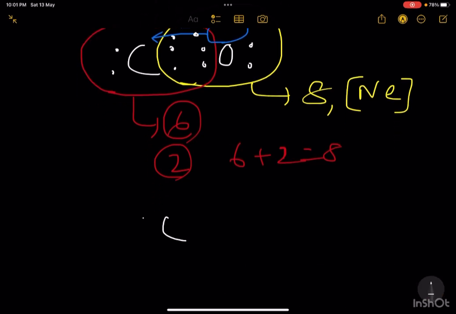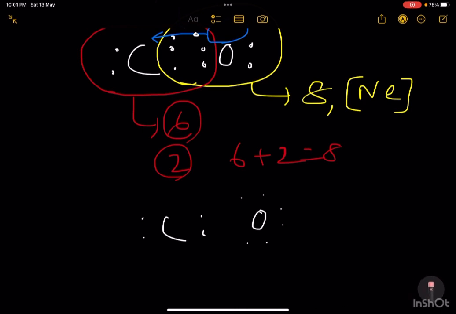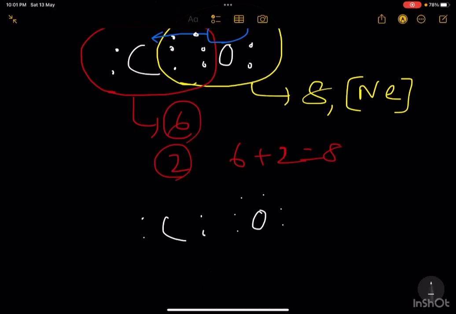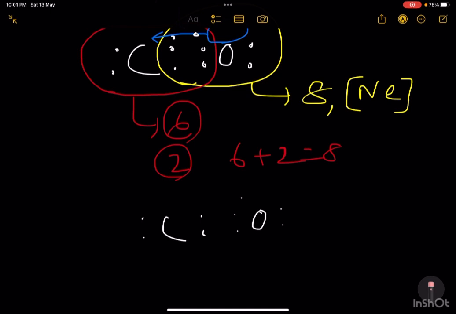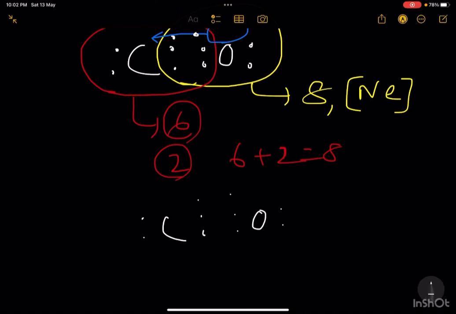You see C has these 2 electrons, which should be written like this, and this pair will be shifted to this position. So let me rub these 2 electrons in the circle and the arrow mark, then put those dots over here. This is a coordinate bond for your information.